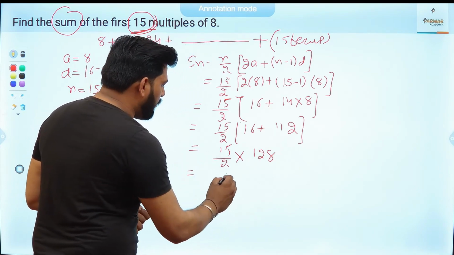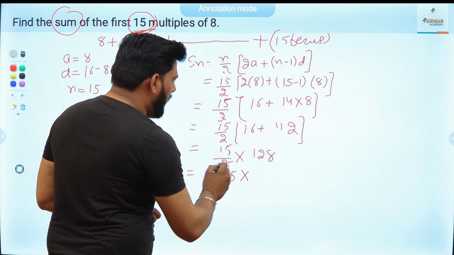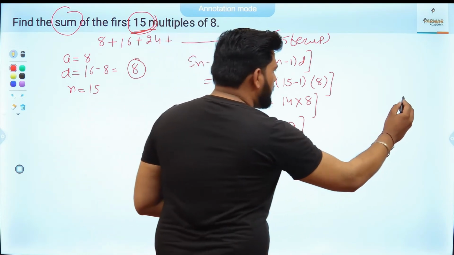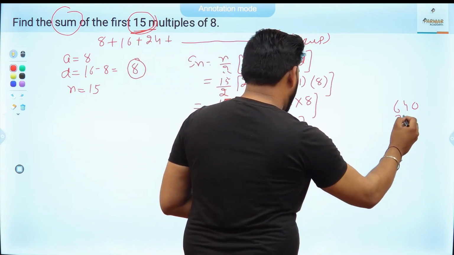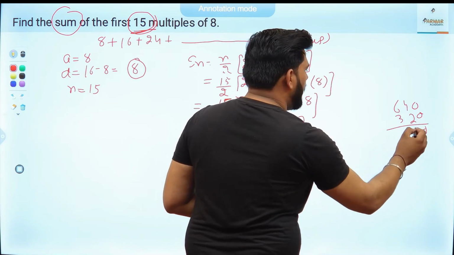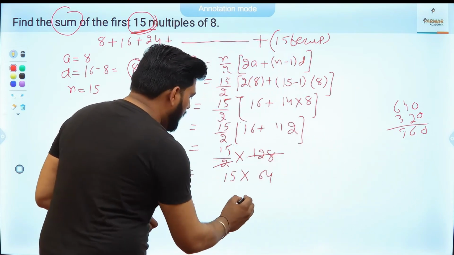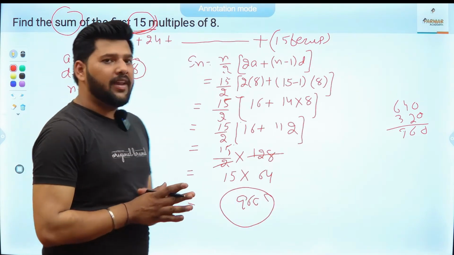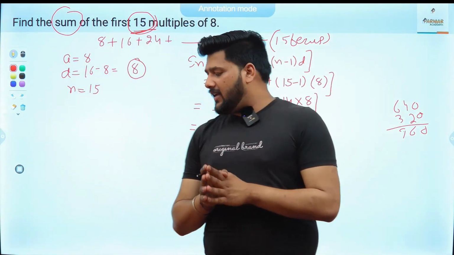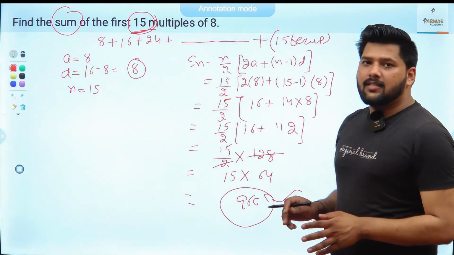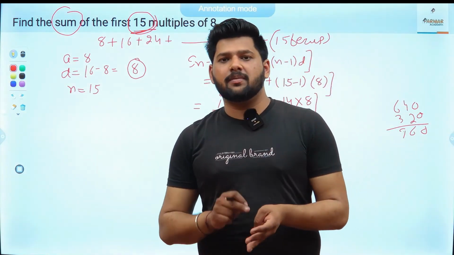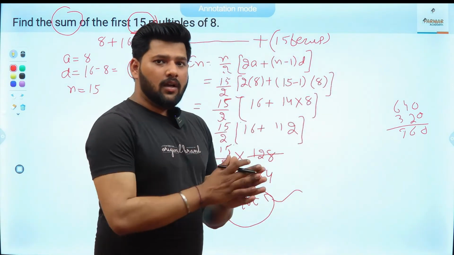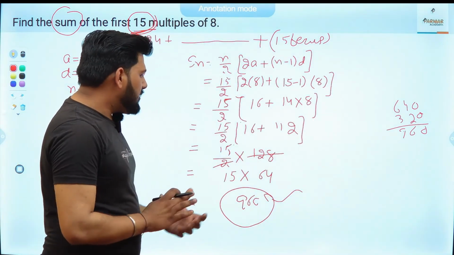Now that is equal to 15 multiplied by 64. So the sum is 640 and 320, that is 960. So the sum of first 15 multiples of 8 is 960, that is 8 plus 16 plus 24 plus 32 up to first 15 multiples. The whole sum is 960.